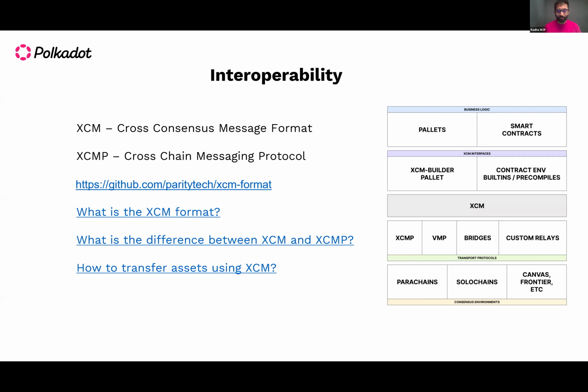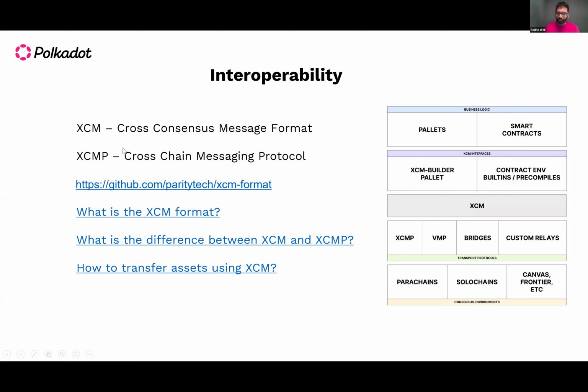If you've heard of the hacks and scams that have been happening for the past few months, every week you keep hearing there's a hack of that bridge, there's a hack on this bridge.